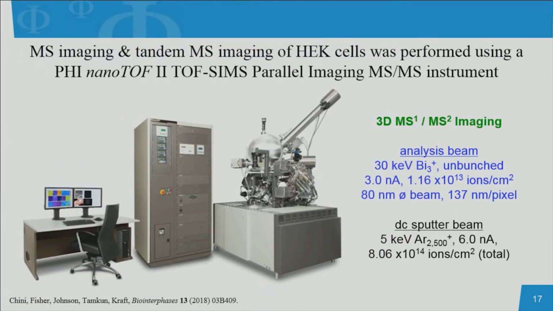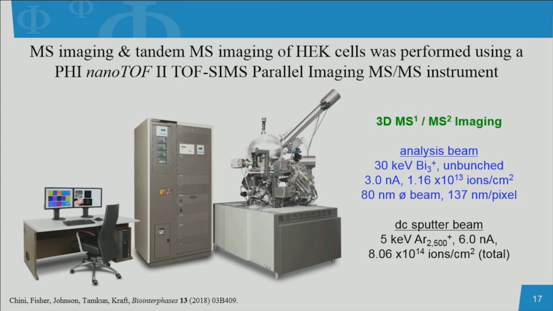So now to the three-dimensional analysis, and I didn't mention earlier, but all of the TOF-SIMS tandem MS analysis that was performed on these cells was done on a nanoTOF 2 instrument. For the three-dimensional analysis, we used a primary ion beam of bismuth 3 single plus, operated in the unbunched mode, which is unit mass resolution.